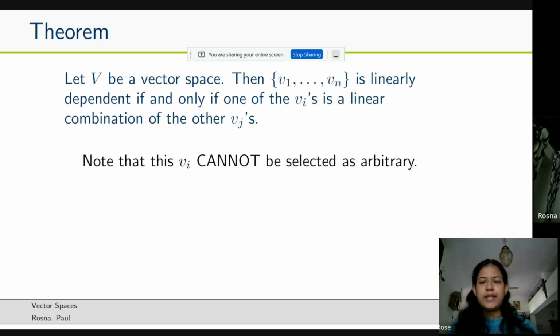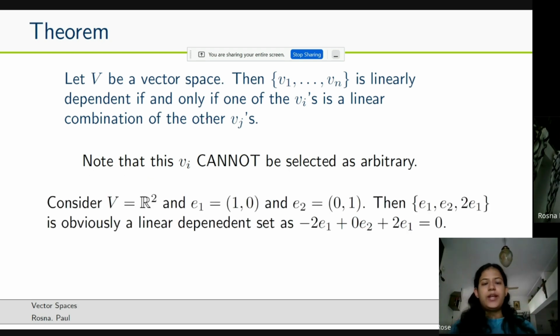Actually, we cannot select this arbitrarily. For example, if I take R2 and my vectors are, let E1 be 1, 0 and E2 be 0, 1, and my collection of vectors is E1, E2 and 2 times E1. So this is clearly not an independent set, because a linear combination gives you 0 where not all coefficients are 0.